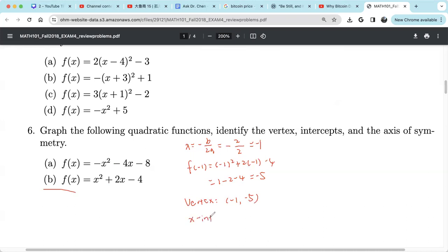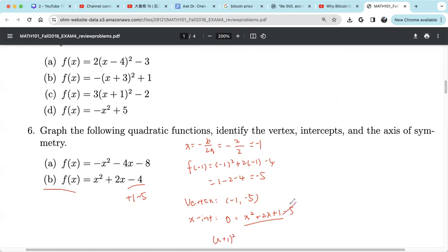X-intercept. Set the function value to be 0. So we have x squared plus 2x, and we have minus 4. We can write that as plus 1 minus 5, because this gives us a perfect square. (x plus 1) squared, right?